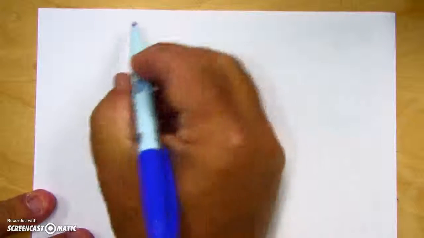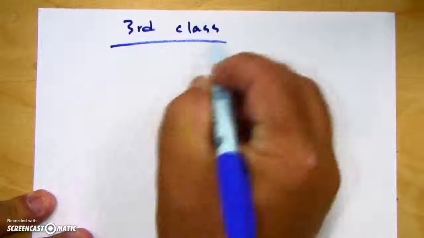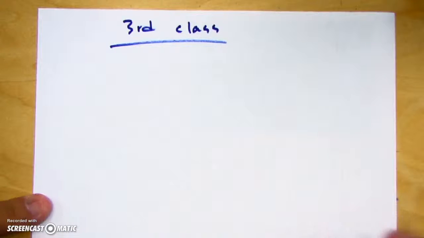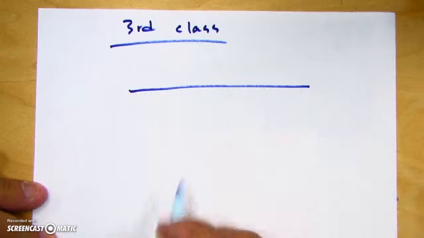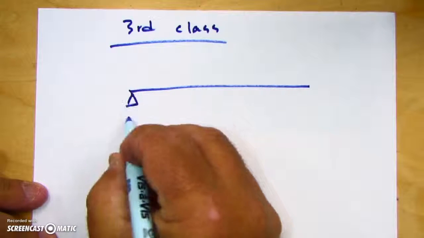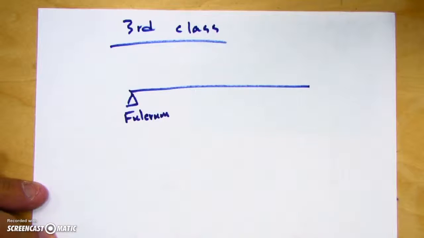Now let's take a look at the last one. Well, if we have a first class lever and a second class lever, chances are the next one is going to be a third class lever. And see how that goes? That's kind of a pattern. You like that? Third class levers are more common than you think. Again, the fulcrum is way out at one end. That's your pivot point.